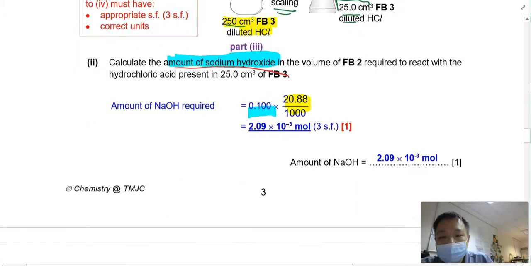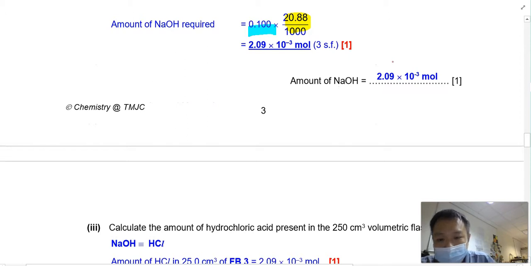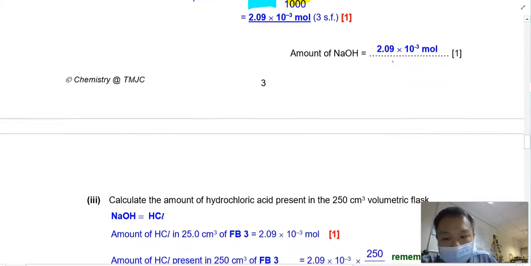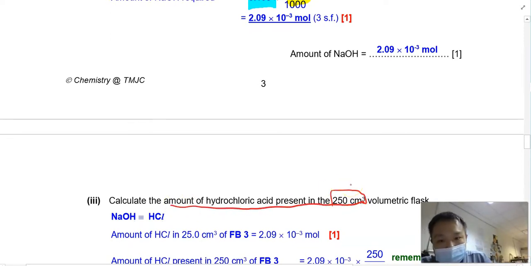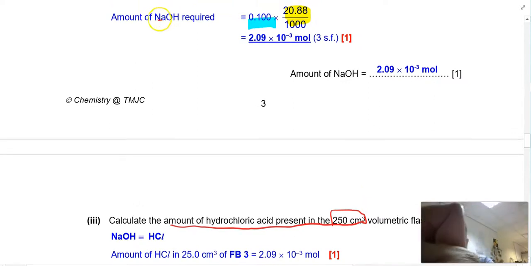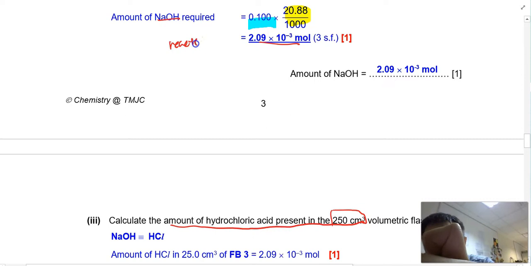Okay, let's take a look at part 3 then. Again, answer to 3 SF. In this case, I express it in standard notation. In part 3, we're supposed to calculate the amount of HCl in 250 cm3. So this is the NaOH that reacted with 25.0 cm3 of FB3.